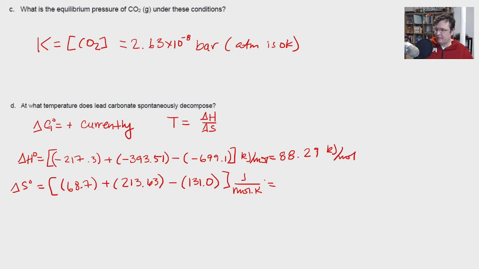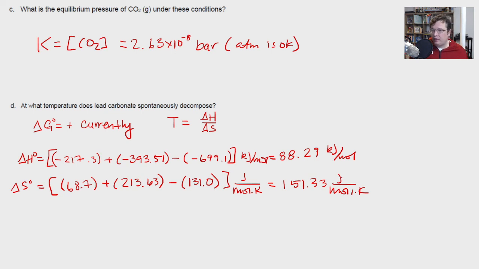So we plug all of that in and calculate it. So we have 68.7 plus 213.63 minus 131. And so what we get is 151.33 joules per mole per Kelvin.